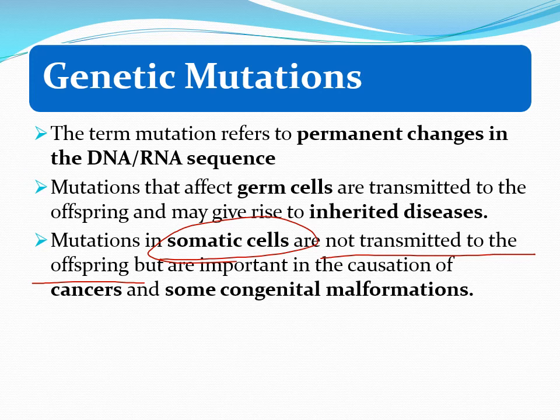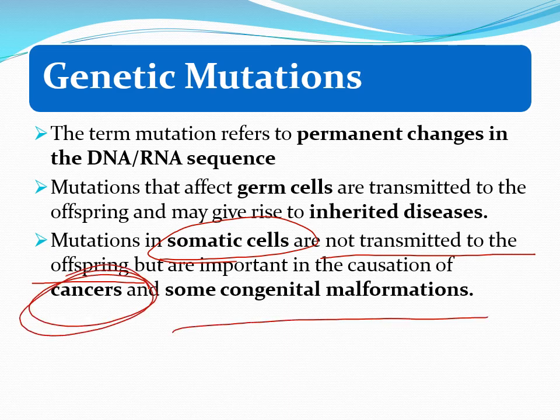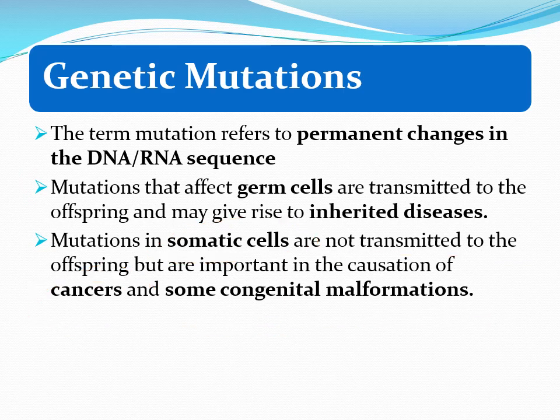Because the mutation has not occurred in the sex cell, this mutation cannot be transmitted from one generation to another. This mutation will remain a cause of cancer. Of course, they remain a risk for cancer and some congenital malformation, but they cannot be transmitted from one offspring to another.